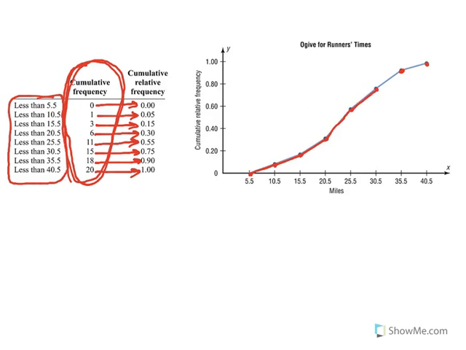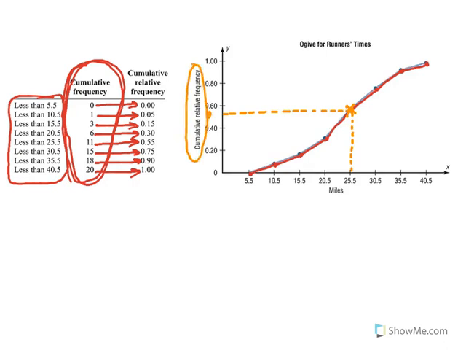So let us try to understand this better. For example, what does this tell us exactly? This dot that I chose here, let me put an X. When you go down, it's at 25.5, and when you go to this side on the y-axis, which has the cumulative relative frequency, you'll get 0.55.